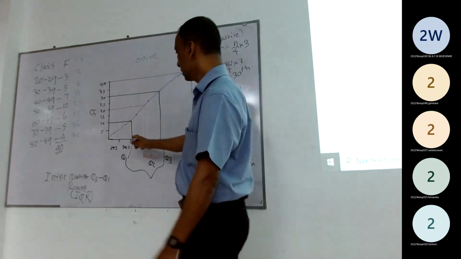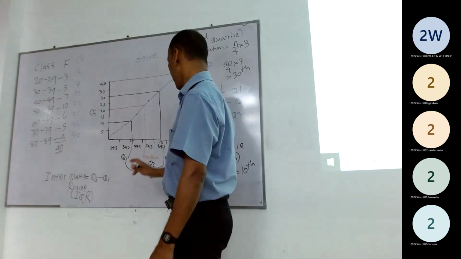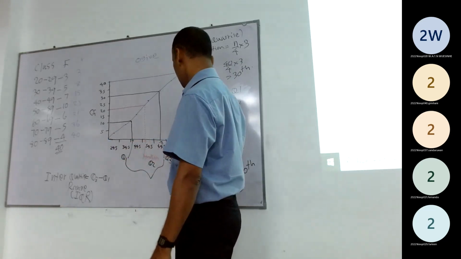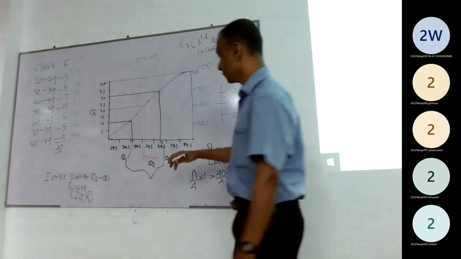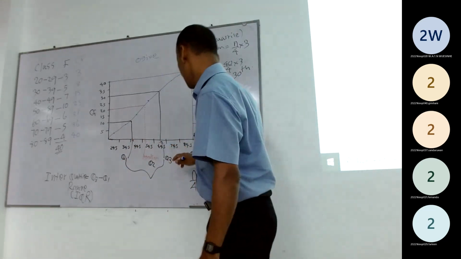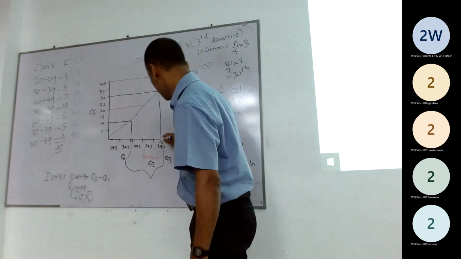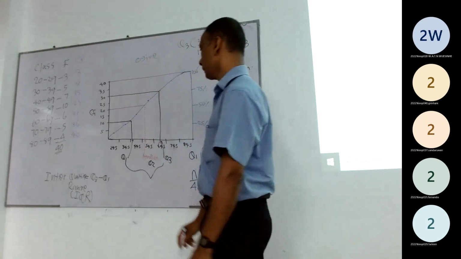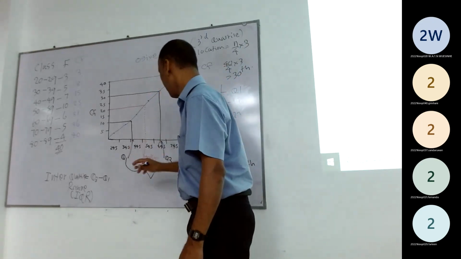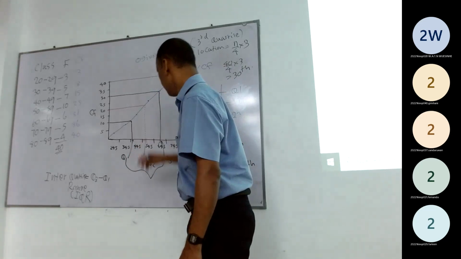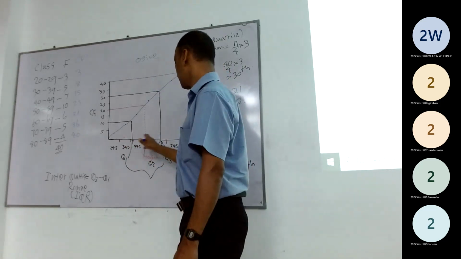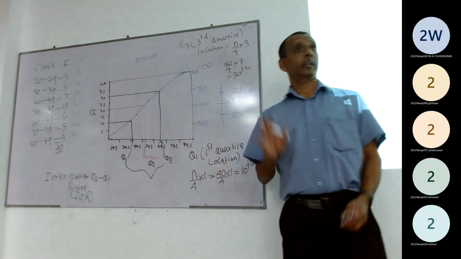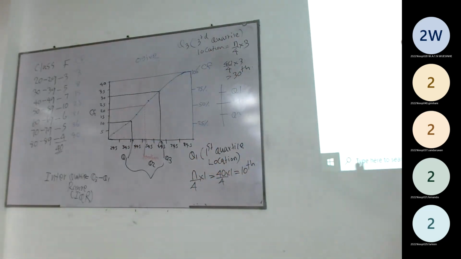That is Q3. This is Q1. This is Q2. Then you can see this part, this part, this part. You can divide. Later we calculate. Now graphically understand, slight changes may occur from person to person according to a graph.